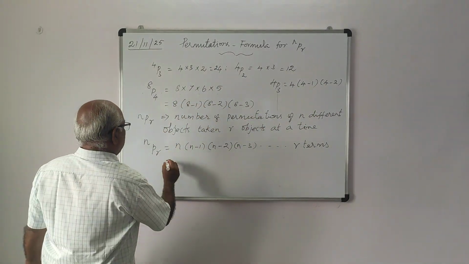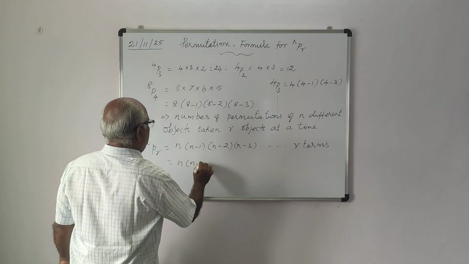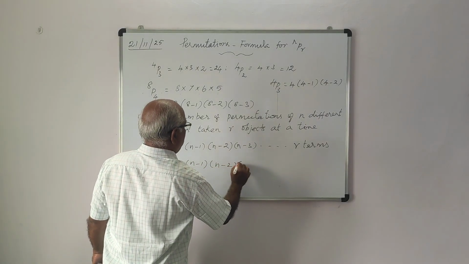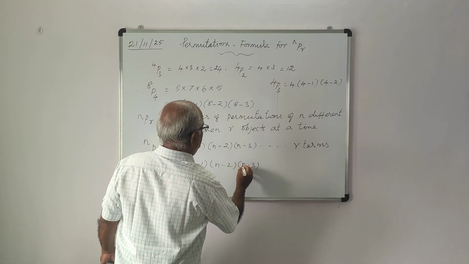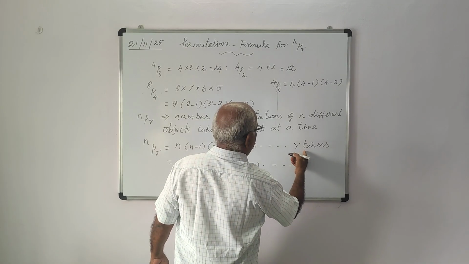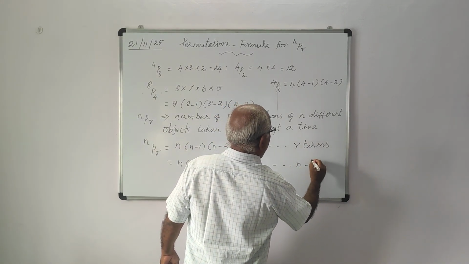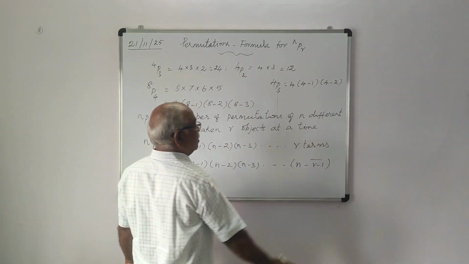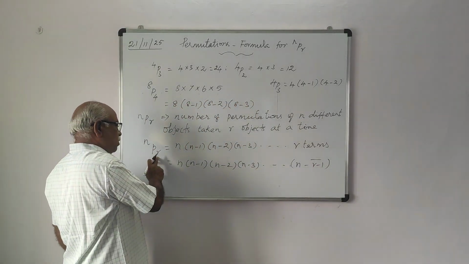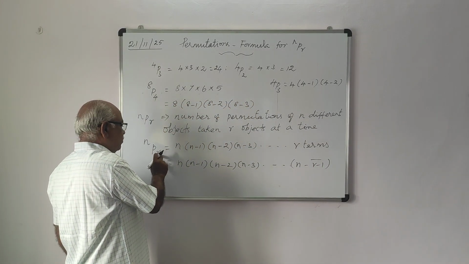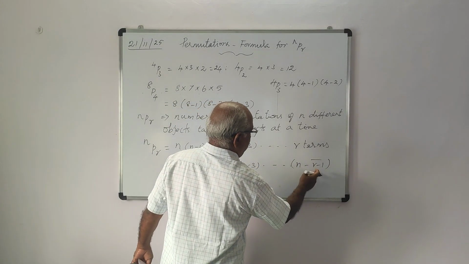Like that, nPr is n into (n minus 1) into (n minus 2) into (n minus 3), and so on. The rth term is n minus (r minus 1). Since r terms are there, one less than r should be subtracted from n in the last term, n minus (r minus 1).